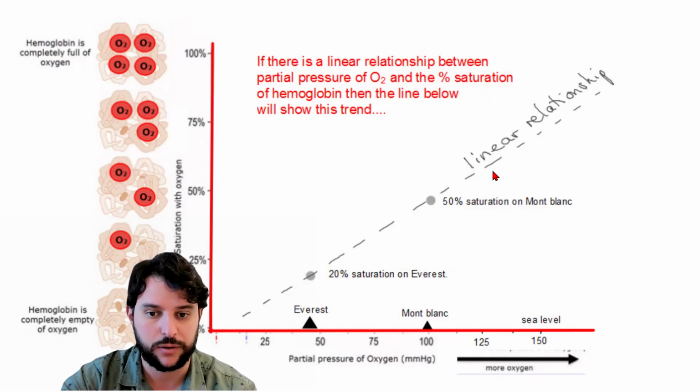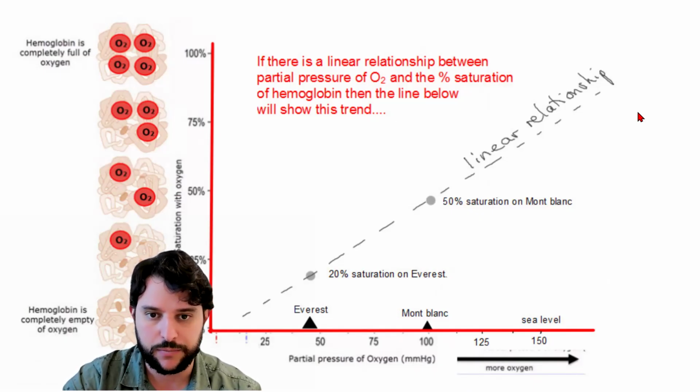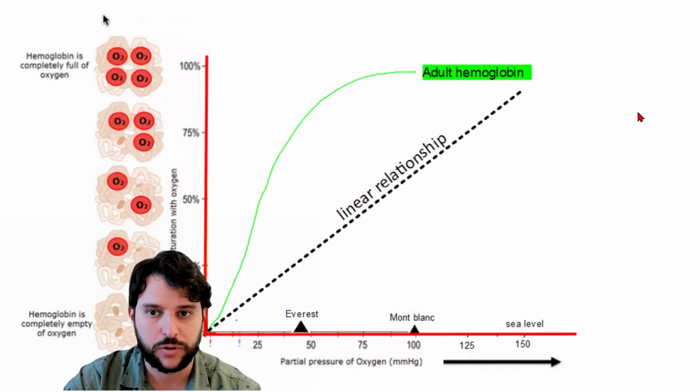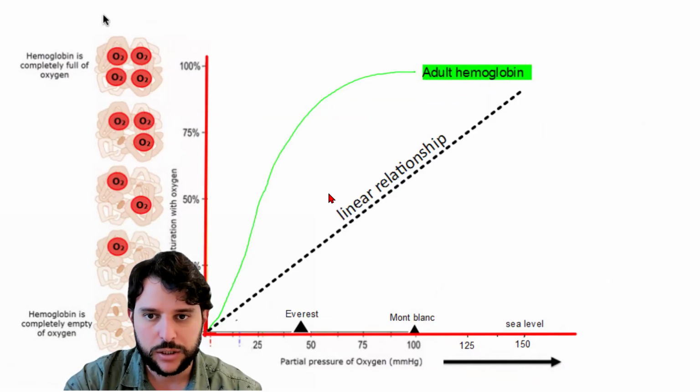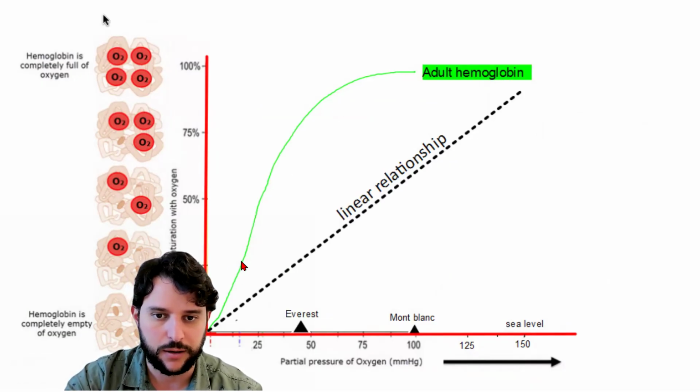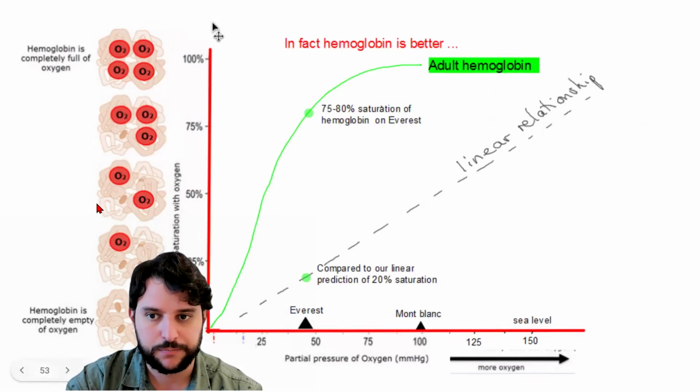Okay, so we have a linear relationship between these variables. Okay. So for example, here we have the graph of adult hemoglobin, all right? So as you go to the sea level, you have more oxygen, you saturate. If you are in higher altitudes, higher places, the saturation is going to be less likely because less oxygen is available to attach to the heme groups. All right.